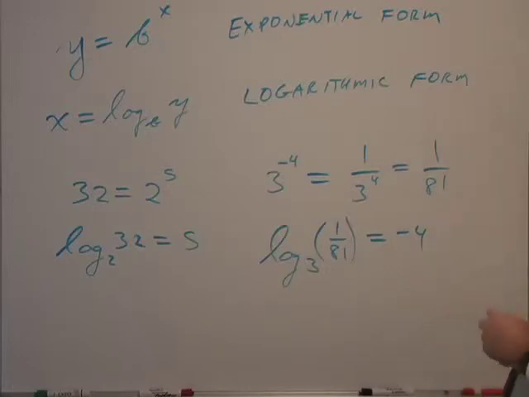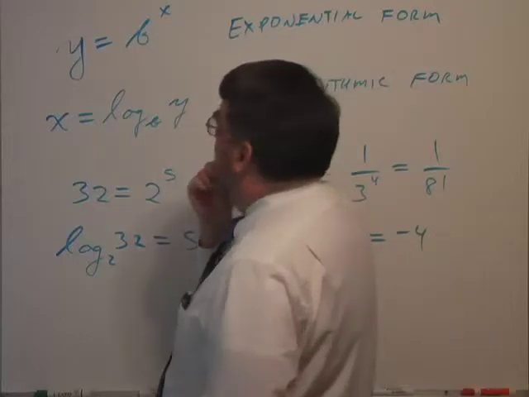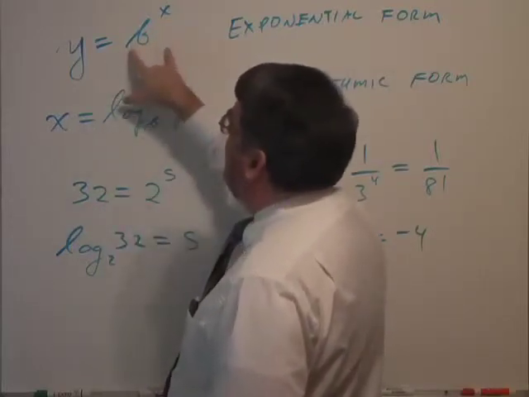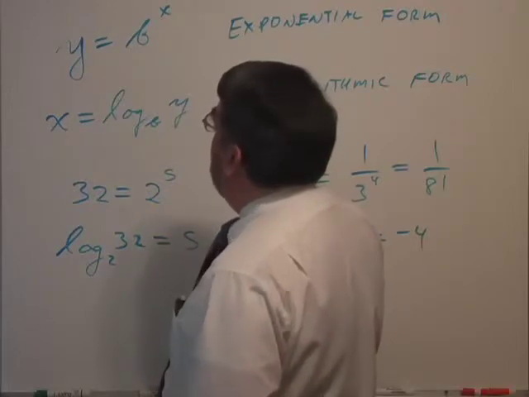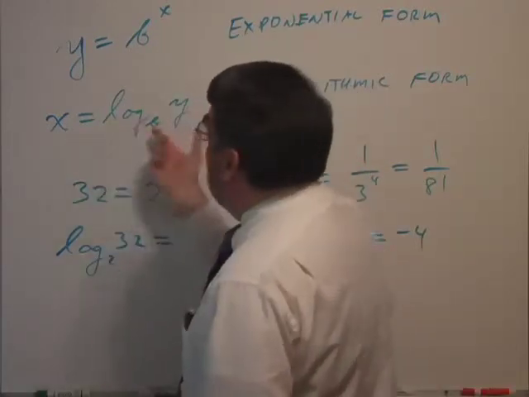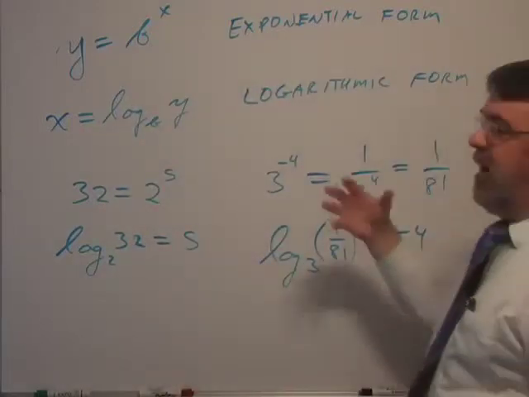As an inverse function, yes, if we take the inverse of this, then we'll get the input value x. So x is equal to log base b of y. Literally, one will cancel the other.